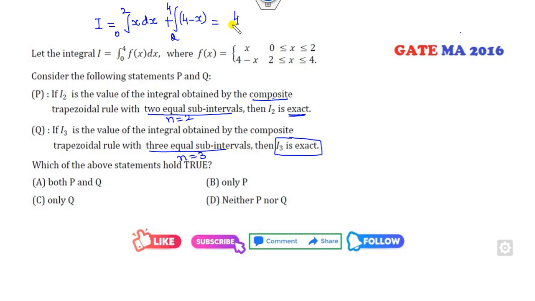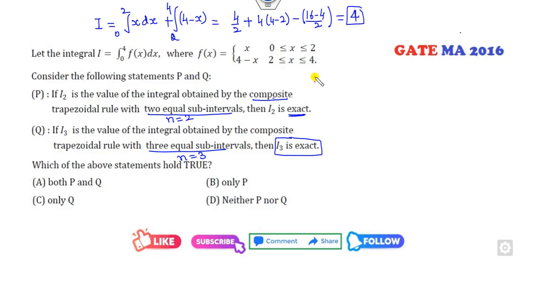So it is x square over 2 plus 4x minus x square by 2. So it's 16 minus 4 over 2. So it will be 6. It's 8 minus 6, 2. 2 plus 2 is 4. Fine.